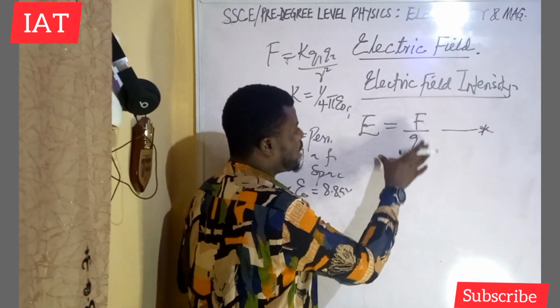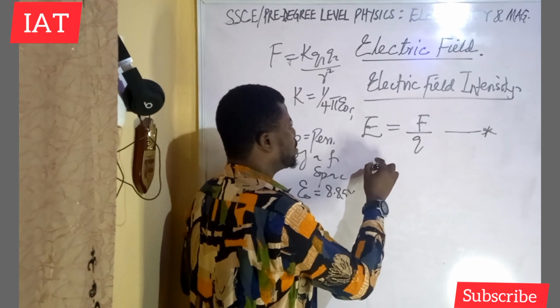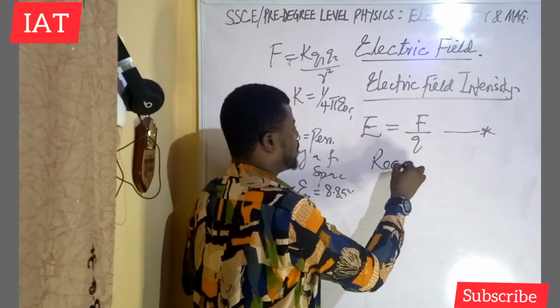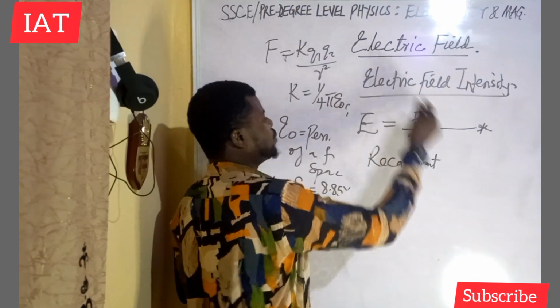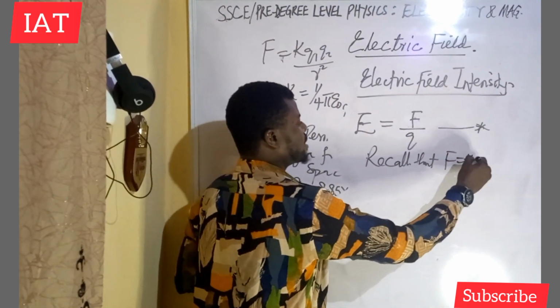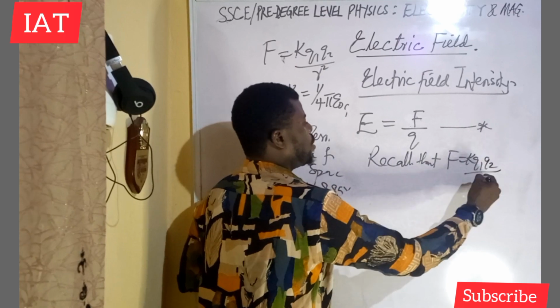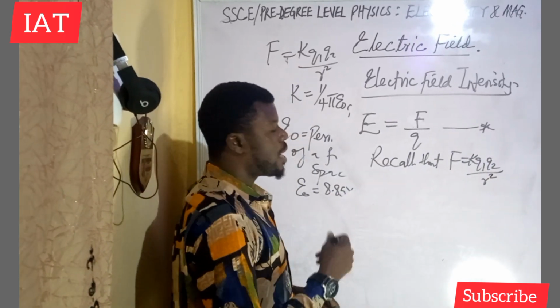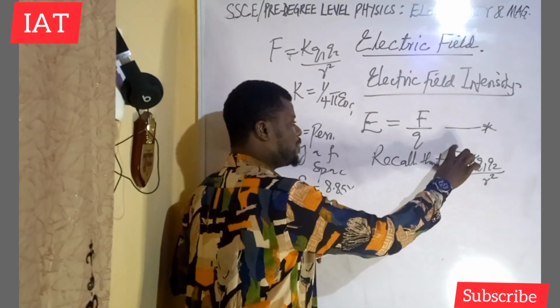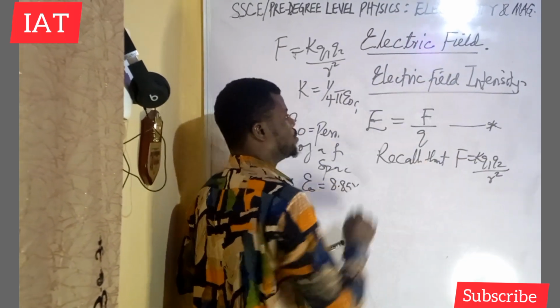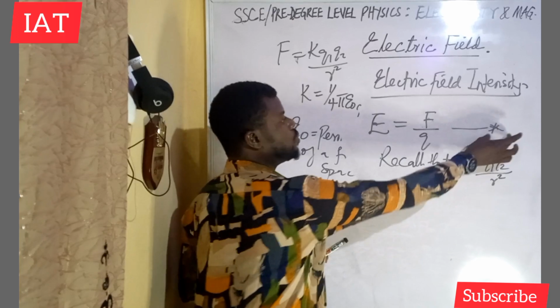If you want to further expand this expression, recall that from this expression, force is given as k q1 q2 all over r squared. So at this point, what we need to do is substitute the value of this force into the force in equation star.